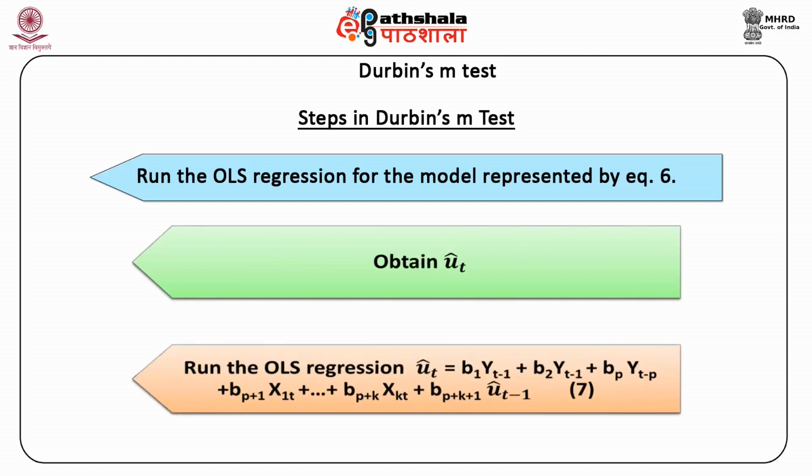Third, run the OLS regression, which can be written as u_t hat is equal to b1 y_(t-1) plus b2 y_(t-2) plus b_p y_(t-p) plus b_(p+1) x_1t plus so on plus b_(p+k) into x_kt plus b_(p+k+1) into u_(t-1) hat. This can be defined as our equation 7.